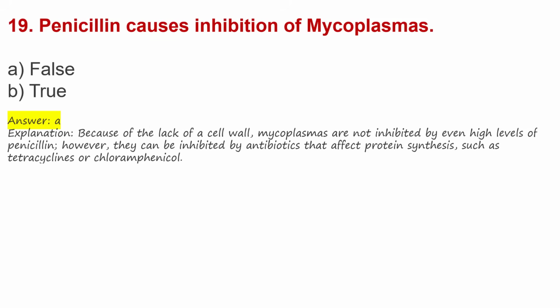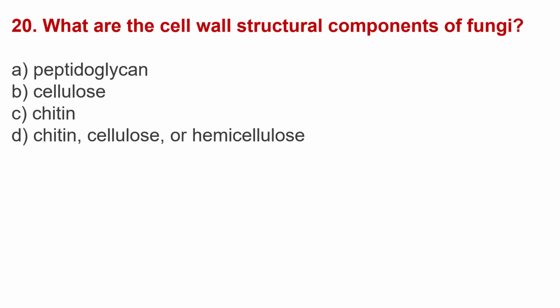Because of the lack of a cell wall, mycoplasmas are not inhibited even by high levels of penicillin. However, they can be inhibited by antibiotics that affect protein synthesis, such as tetracycline or chloramphenicol. Penicillin only targets the peptidoglycan cell wall, and mycoplasmas don't have one, so penicillin cannot inhibit their growth.